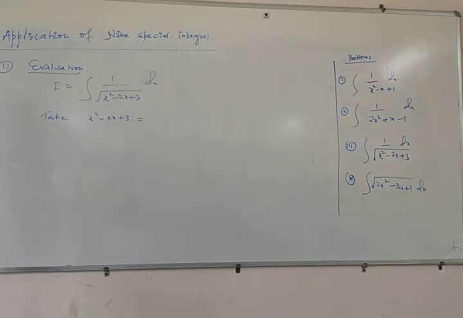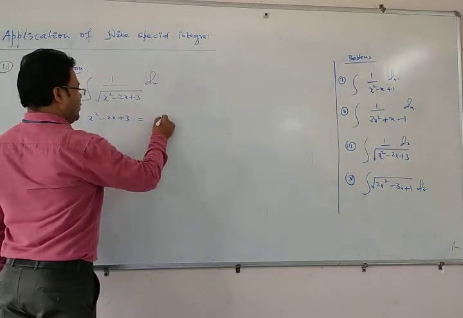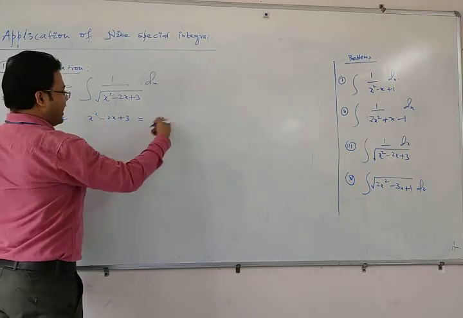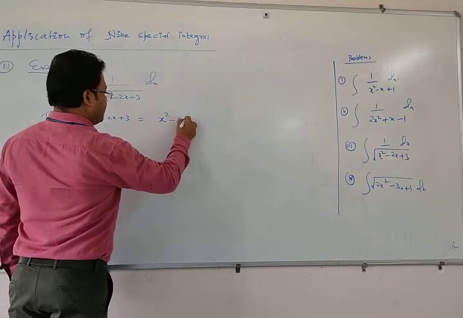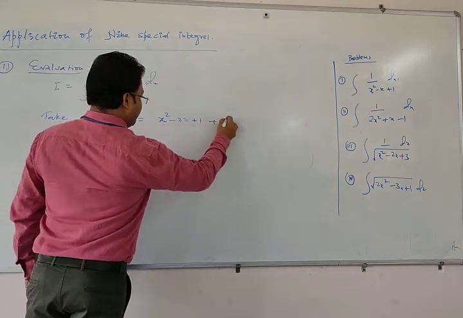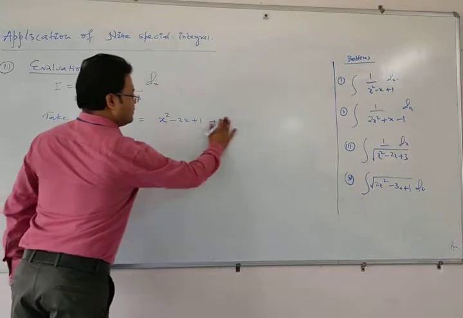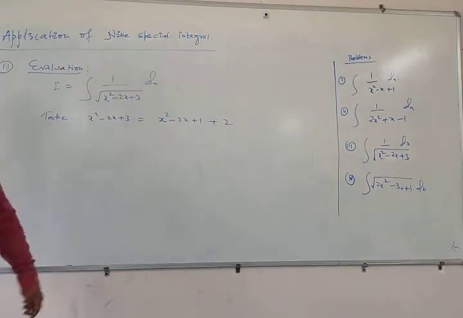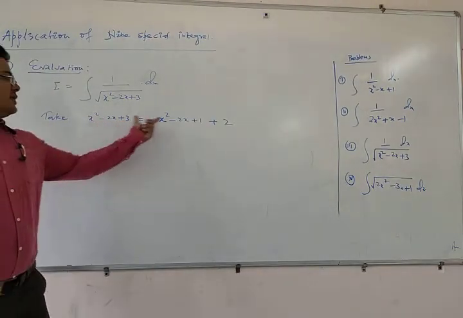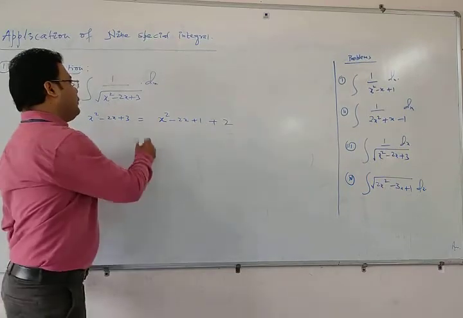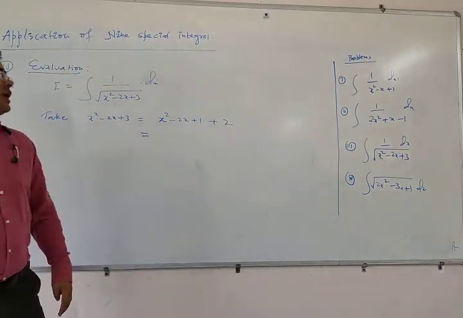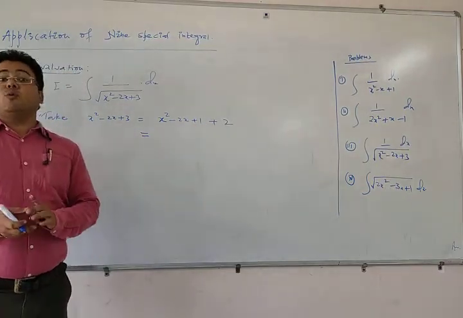of two perfect squares. So here you can write like this, x square minus 2x plus 1 plus 2. You can write this as this. Why do we write this? Because we have to make it the sum of two perfect squares.